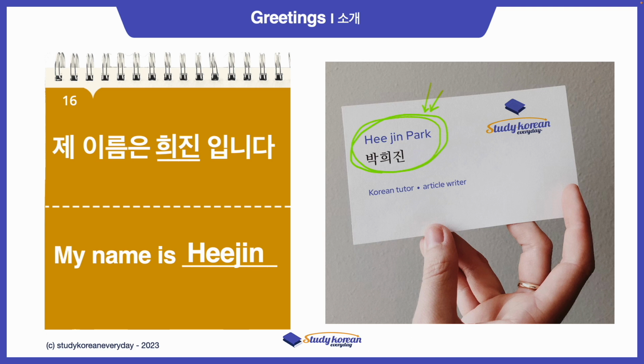My name Heejin is. So my name is Heejin. Let's imagine your name is Alice. And you could say 제 이름은 앨리스입니다. Okay. 자.